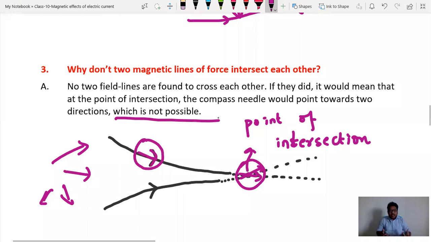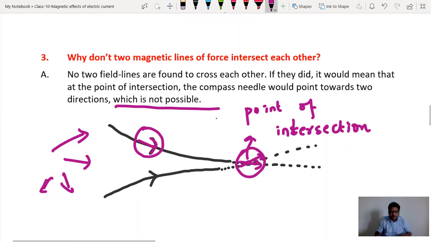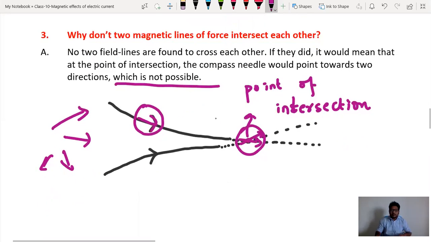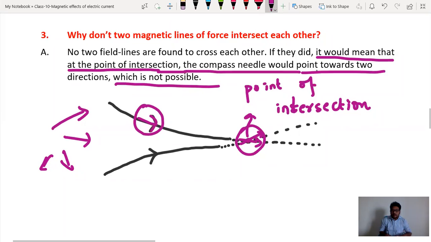So there will be no intersection of two magnetic field lines. From this, you need to understand that. And while writing this answer, you have to mark this point as important: at the point of intersection, the compass needle would point towards two directions, which is not possible. This point is important.